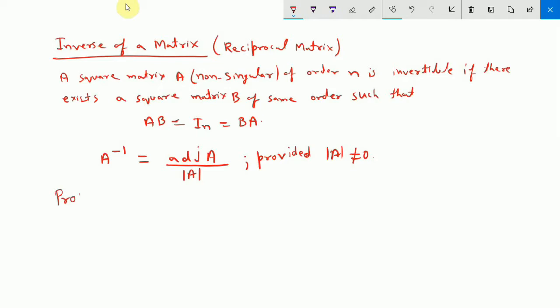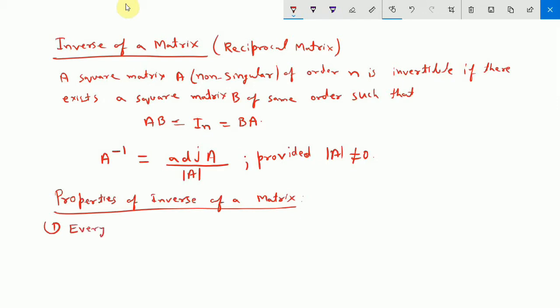Okay. So properties of the inverse of a matrix. Okay, friends. So what are the various properties? First is every invertible matrix possesses a unique inverse.